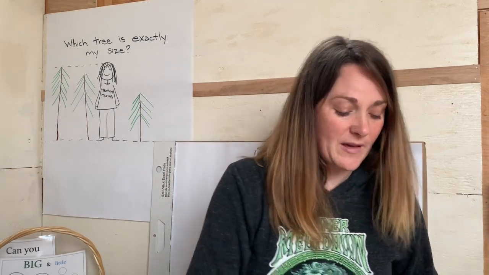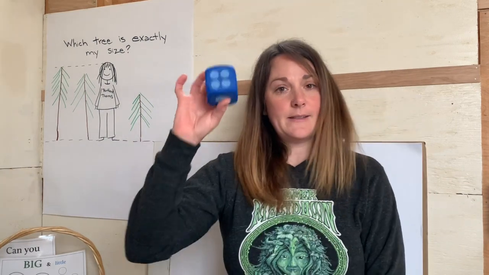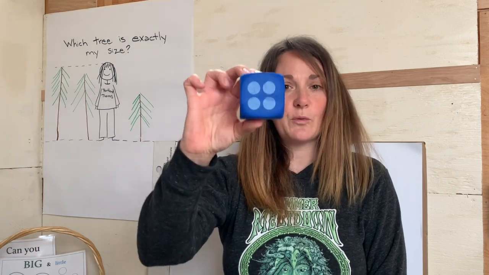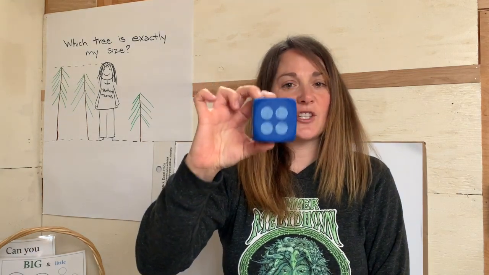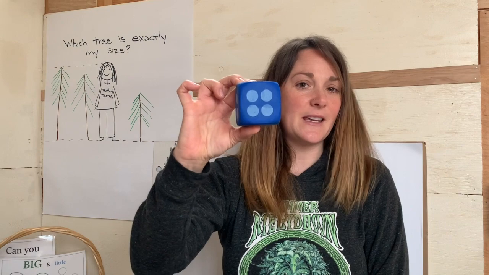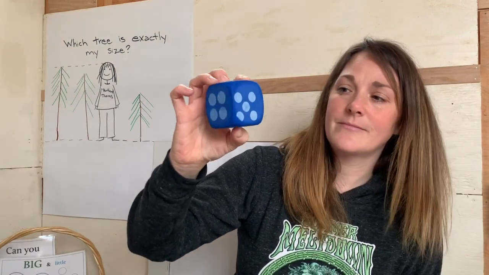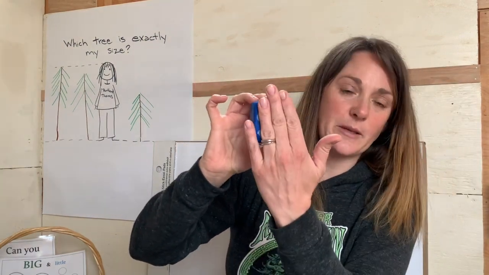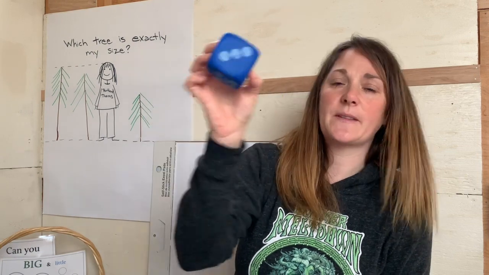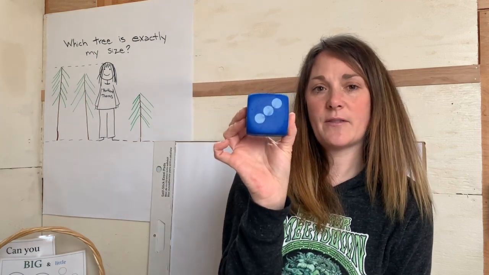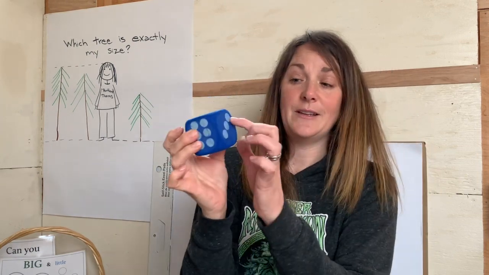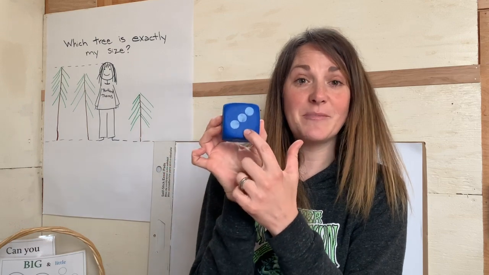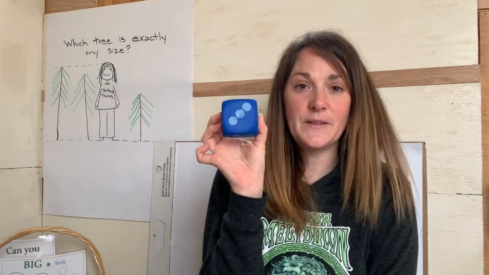So let's start with this. If I show you this, what shape do you see? The dots don't really matter, just the shape itself. Do you think of a circle? You might, because the dots are circles.